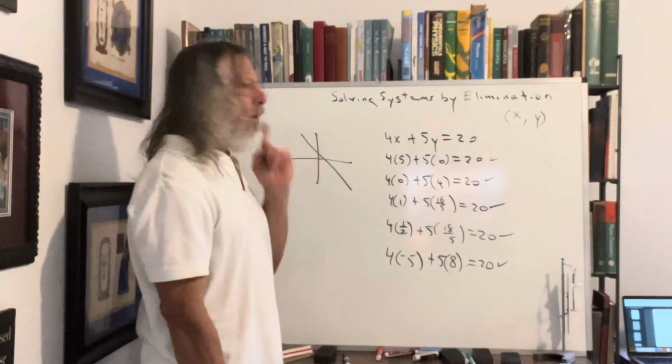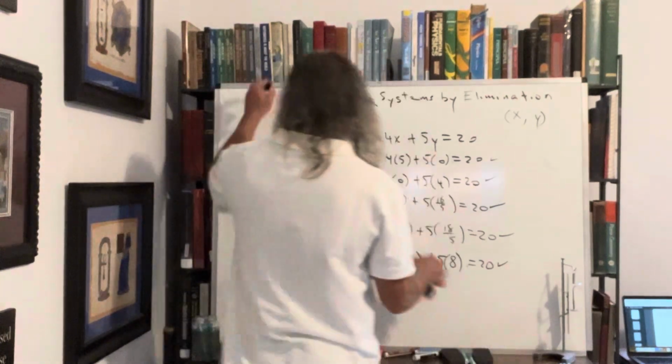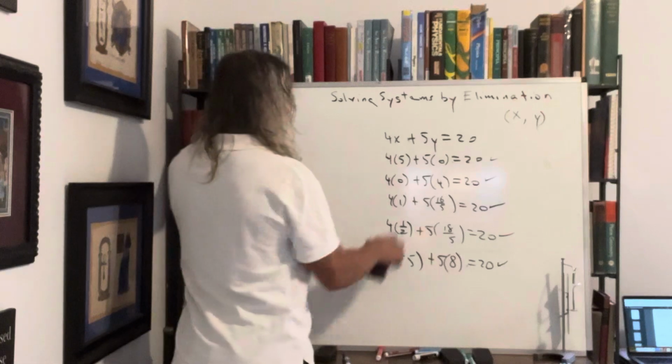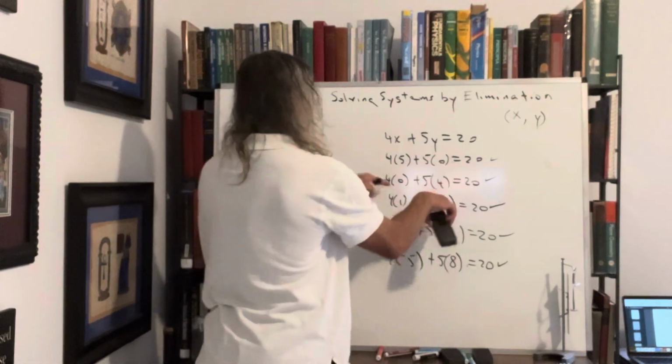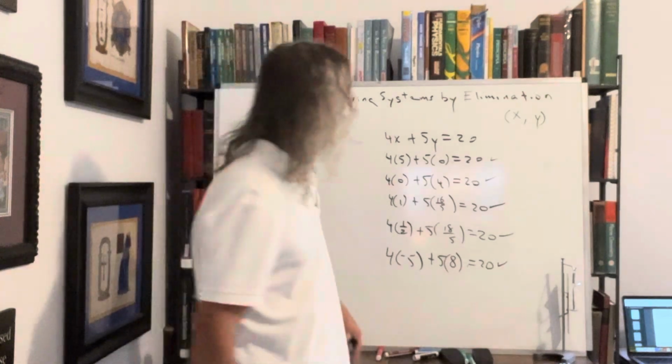We want to find the one that works in two equations if it happens. So instead of having a whole line of points, we just want one point.